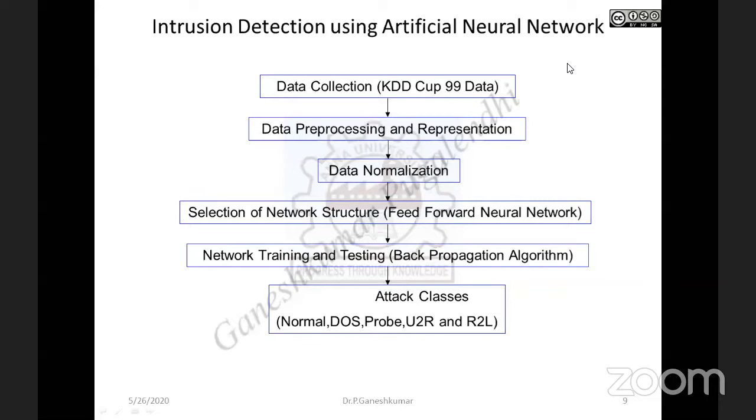Then data pre-processing and data representation, using ones and zeros to represent the input and output for numerical as well as categorical values, and normalization, selection of network structure, and training. There are 4 attack classes and 1 normal class: normal, denial of service, probe, U2R and R2L. These are the classes used to categorize the intrusion activity of the user.